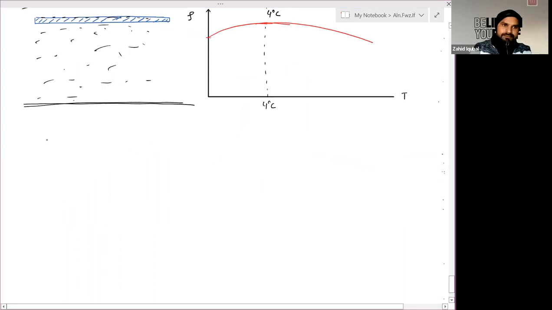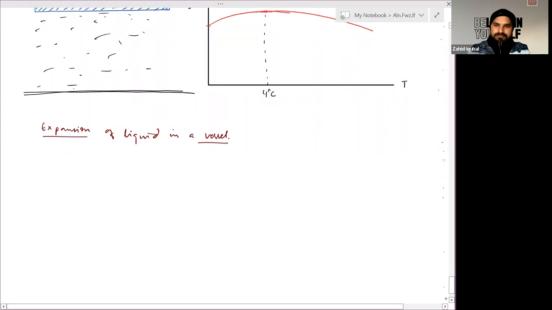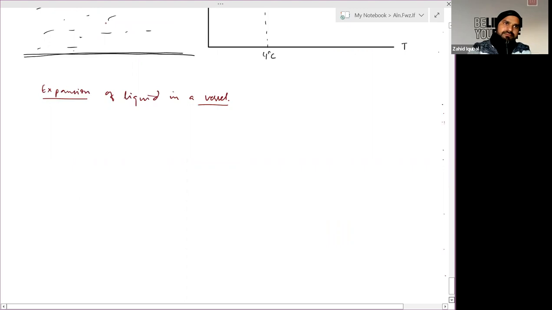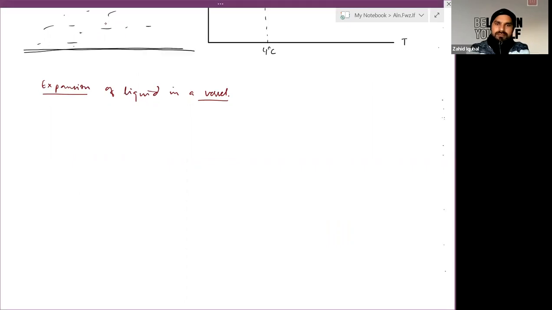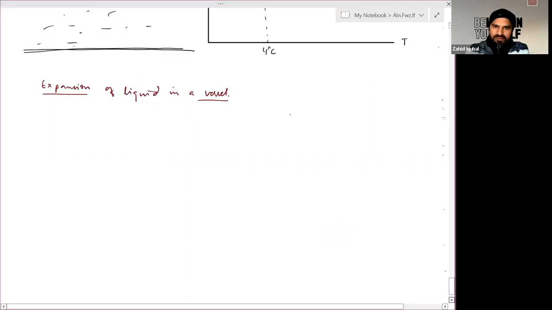Next is expansion of liquid in a vessel. Suppose we have a vessel placed over a burner.